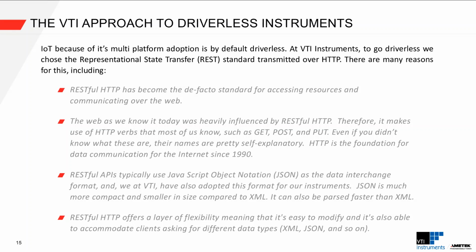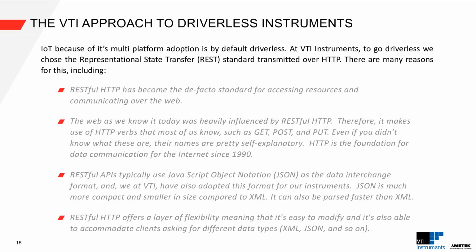RESTful APIs typically use JavaScript object notation, or JSON, as the data interchange format. That's the way that we send a list of configuration data, or we report back an instrument's configuration. And it's a very, let's say, high-level English-looking language that you can send back and forth and read data on.